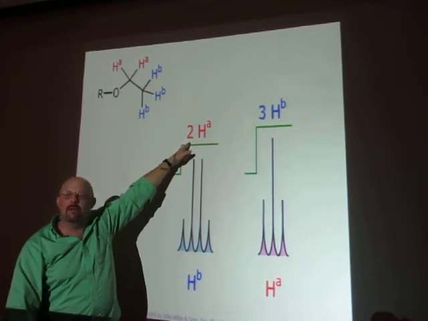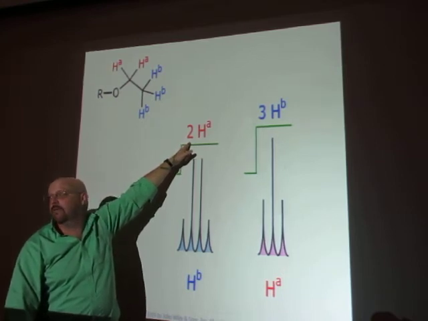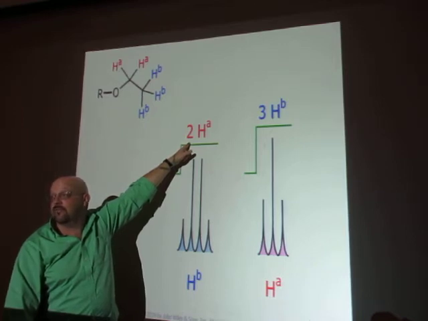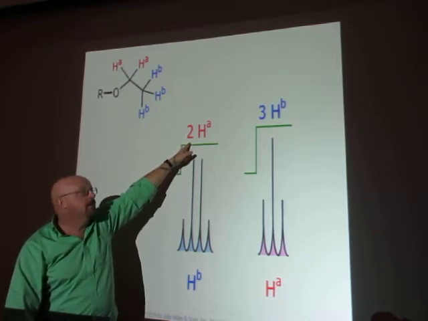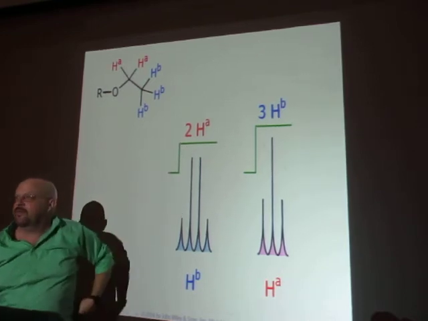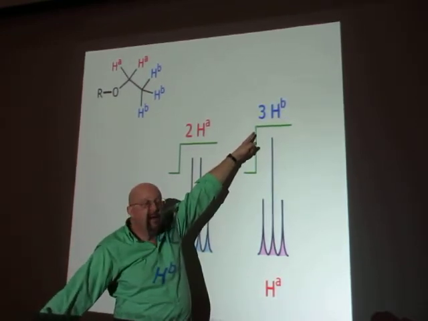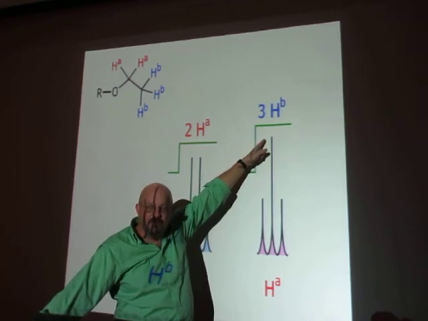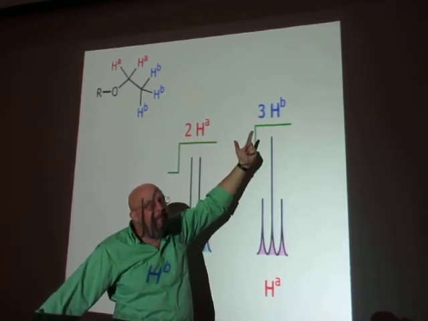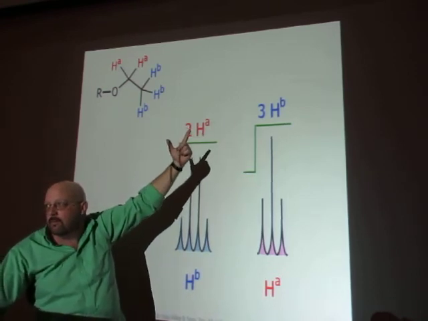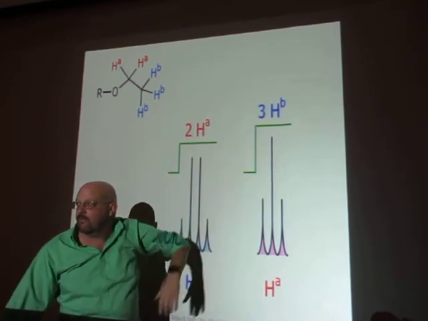If they're equivalent, they come at the same place, and that would integrate for 2 protons. But my first guess is going to be a CH2 group. Integrating for 3, my first guess is that's a CH3 group. Could be 3 equivalent CHs, but what's the likelihood of having that in a molecule? More than likely it's a CH3. That's my first guess.